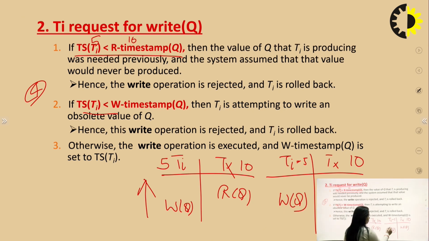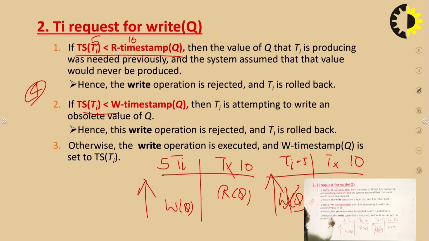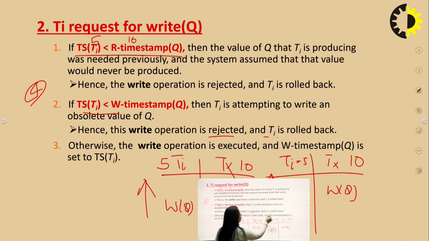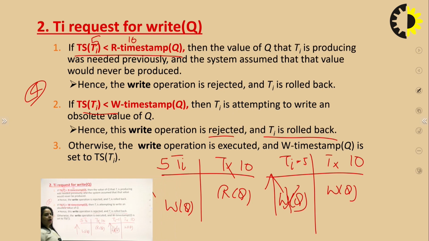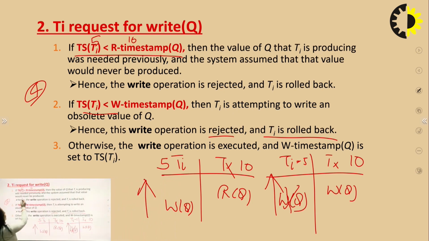So this write operation is rejected and TI is rolled back. The other 2 cases are where the timestamp of TI is greater than or equal to the read timestamp of Q, and the timestamp of TI is greater than or equal to the write timestamp of Q. In both of these conditions, we execute the write operation and update the write timestamp accordingly.